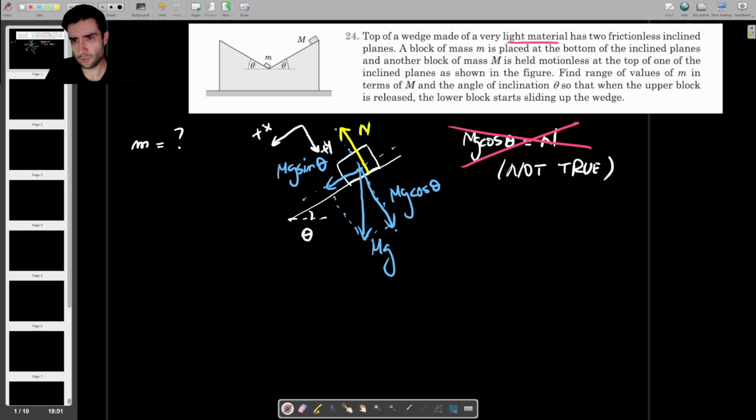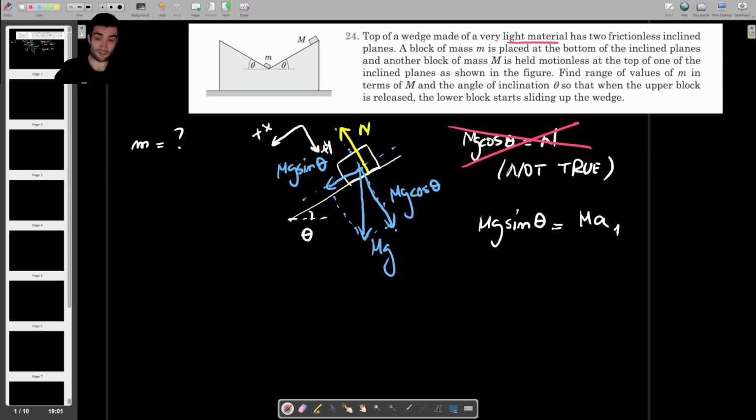So I'm making my positive axis to go down the incline and perpendicular to the incline going into it. So in this case, we have big Mg sin theta. There's no other force in the x direction, so this is just equal to M times a, I'm going to call it a1.